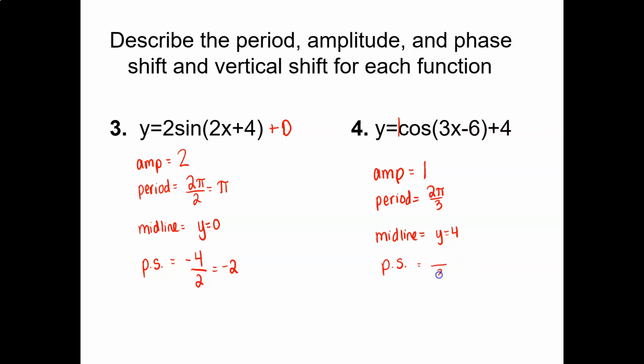It's going to be over 3. Phase shift is going to be on the inside of the parentheses. 6 over 3. And since it's negative, it'll be positive. You'll go in the right direction here, so you'll get just a positive 2 or right 2. Wait, so is the equation for phase shift C over B? C over B, yes. Okay, questions?